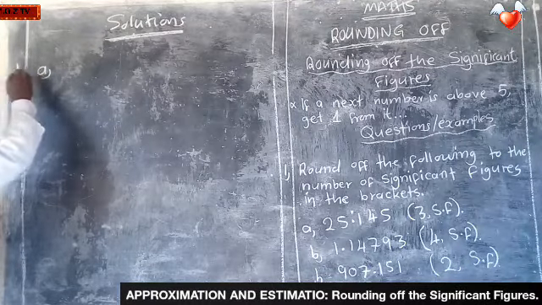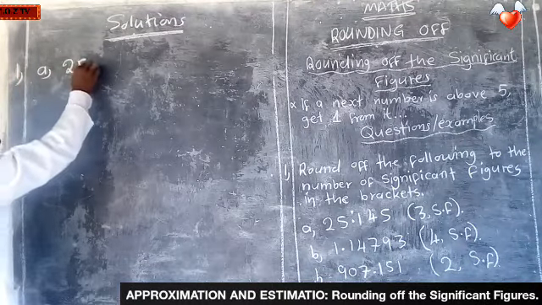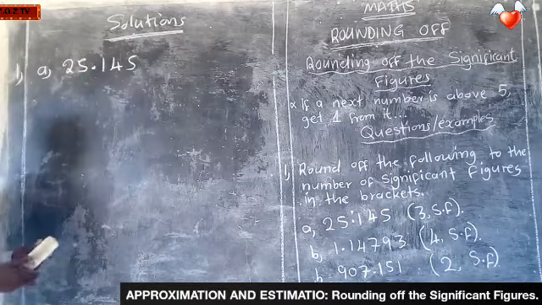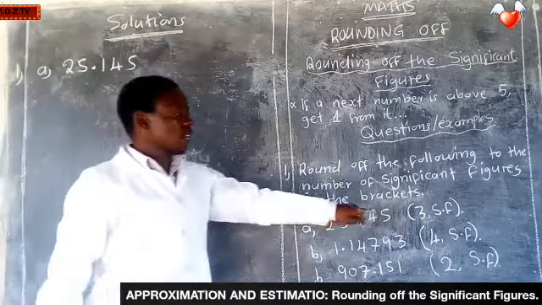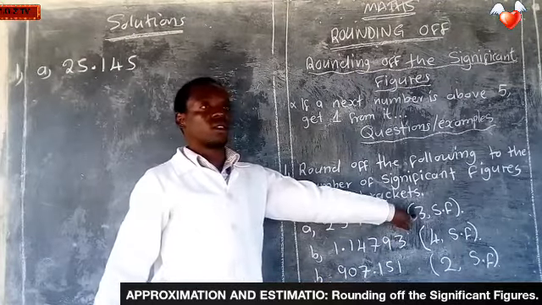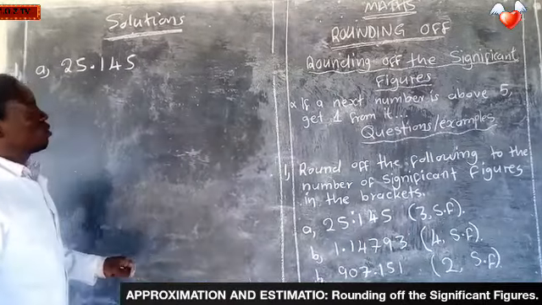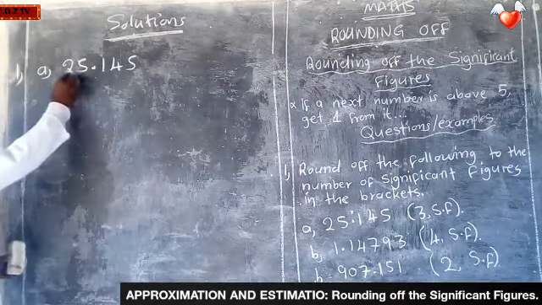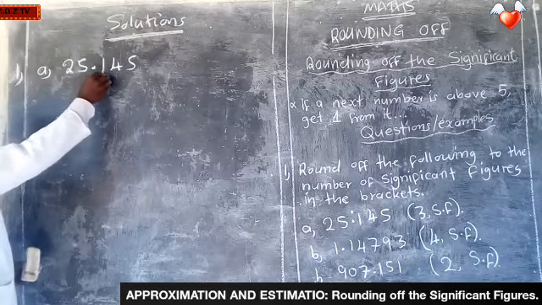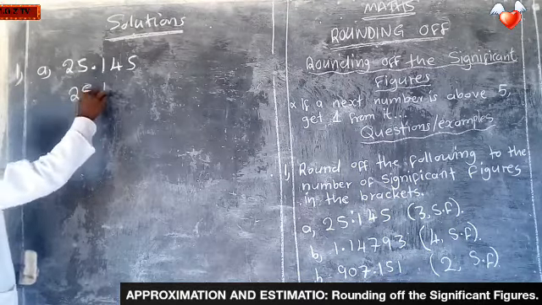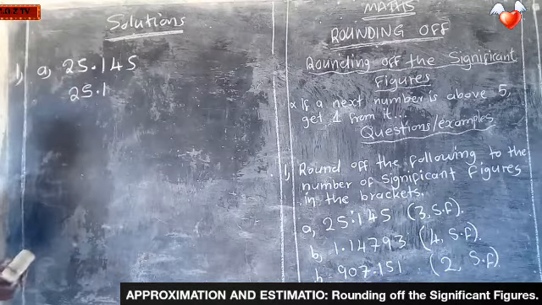So our A is 25.145, right? Looking at A, the rule says that we should round off to 3. Just count 1, 2, 3. So I have 25.1.